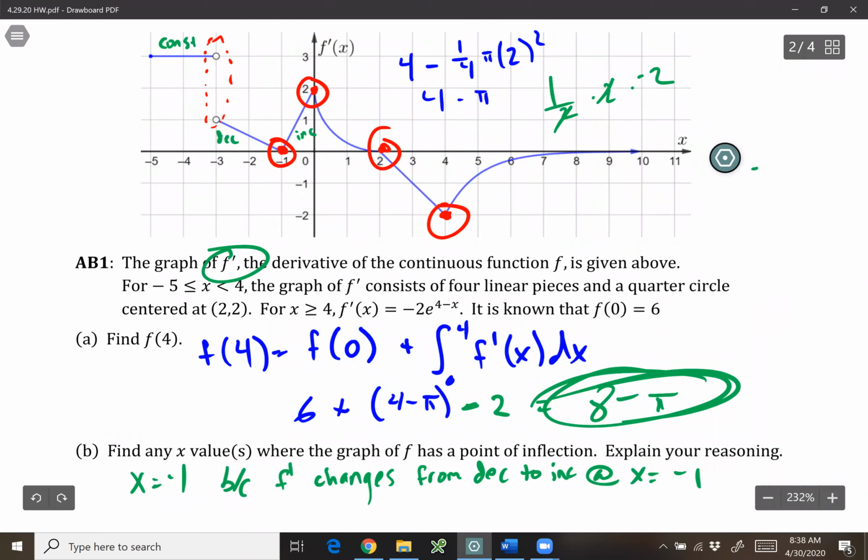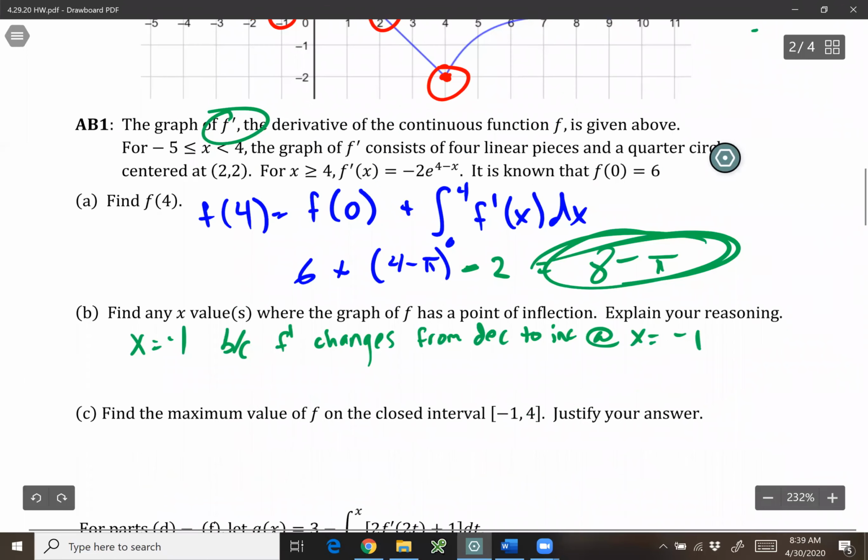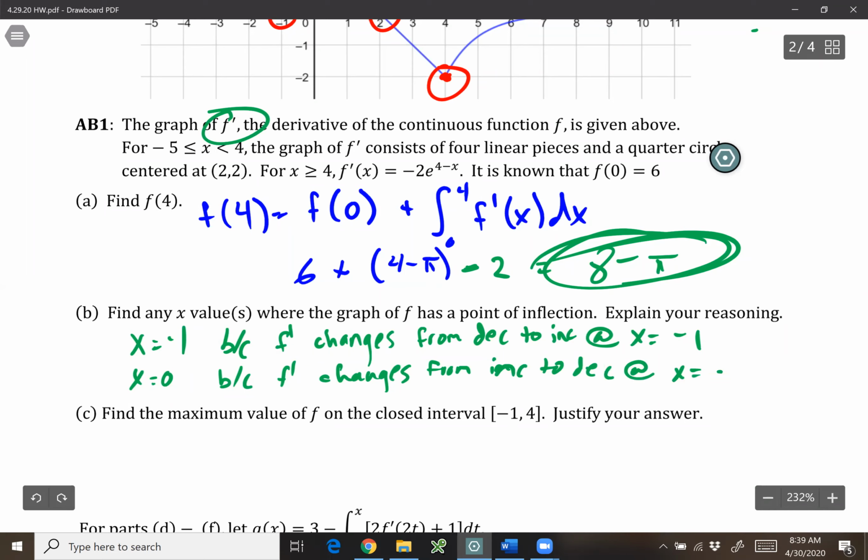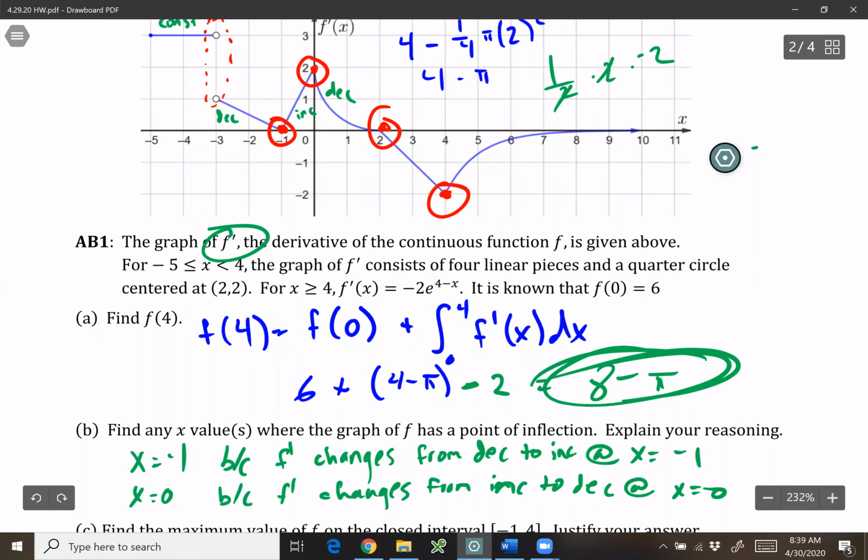Then x equals 0 does go from increasing now to decreasing. So x equals 0 because f prime changes from increasing to decreasing at x equals 0.